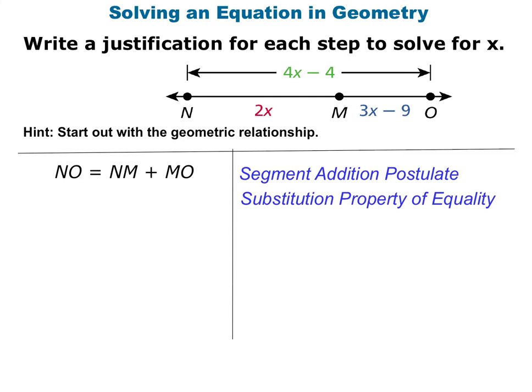What am I going to substitute for NO? Look at the picture. What's NO equal to, to help me get an equation? 4x minus 4 equals, what's NM? 2x plus 3x minus 9. So it's in the other order than what Anthony said, but he gave me the right equation, and we had a couple of thoughts to support to get there.